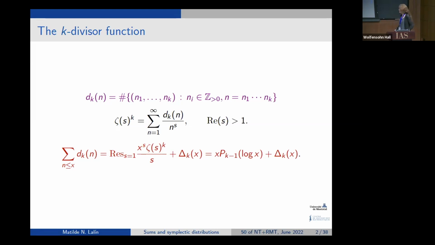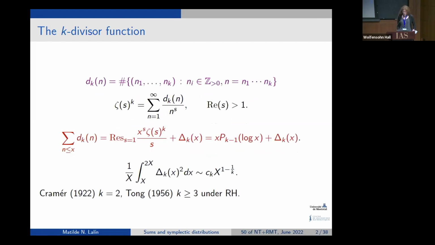If we want to understand this formula, we need to understand the error term, and so people have been studying this. It has to do with understanding the size of the error term.